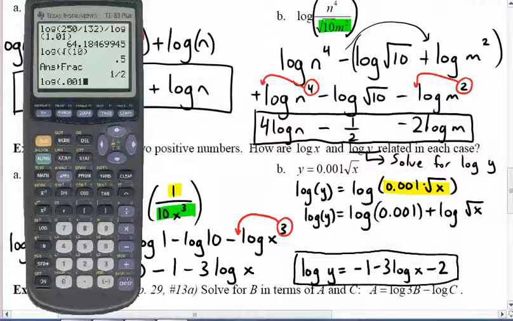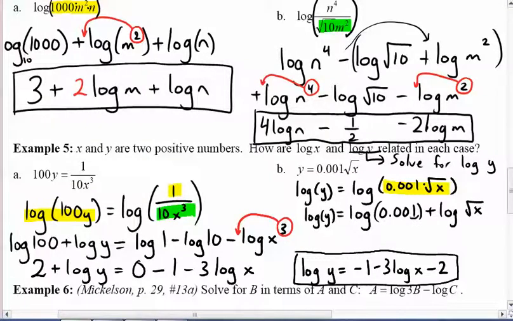Log of 0.001 is negative 3 because we move the exponent back 1, 2, 3 spaces.